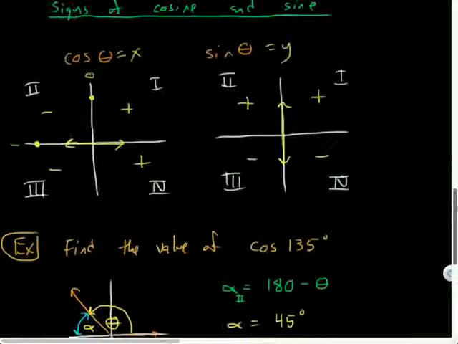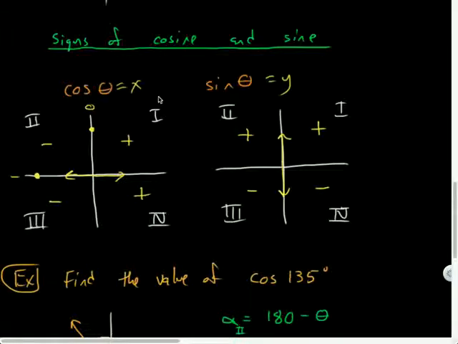Now, question. Looking back up at our polarity things. If cosine theta equals x and these are its signs, right, in those quadrants, what do you think would be true for secant theta, the reciprocal of x? Well, 1 over x.